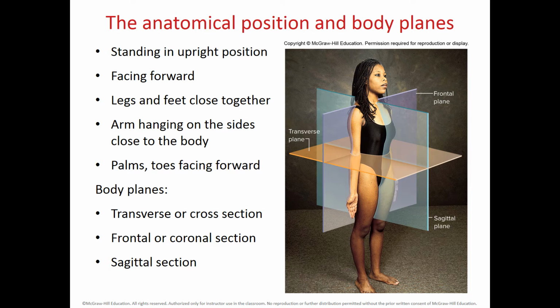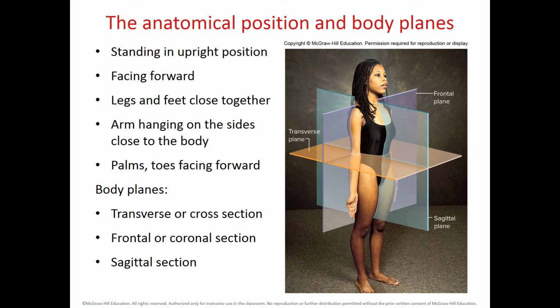If you make a cut on the side of the body that can divide your body into anterior and posterior regions, this will be called frontal or coronal section, as you can see here in purple. Now, if you make a section or a cut that goes along the long axis of the body, so from head to toes, this will be a sagittal plane.